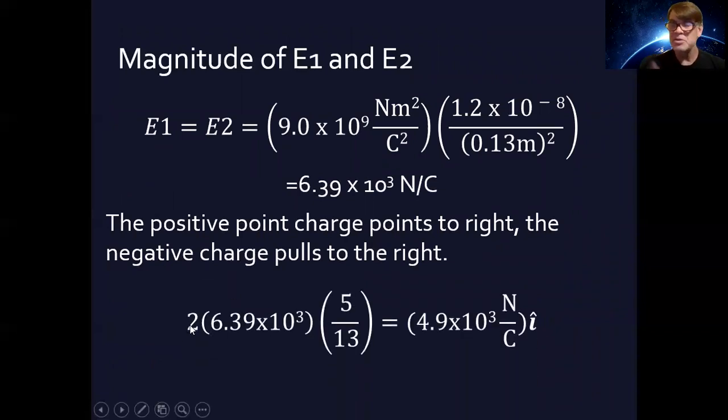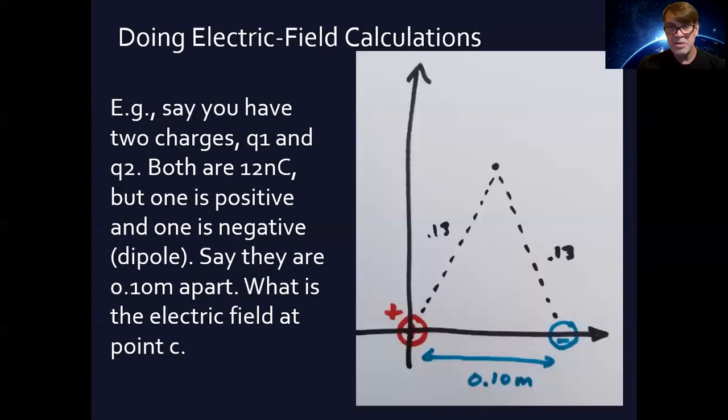But the x components are going to double, as we said, because they're both pointing this way. So we're going to have double, and then this is the amount. And then what is 5/13? Well, this is the cosine. The cosine, remember, is the adjacent over the hypotenuse. Since this is 10 centimeters, half of that is 5 centimeters.